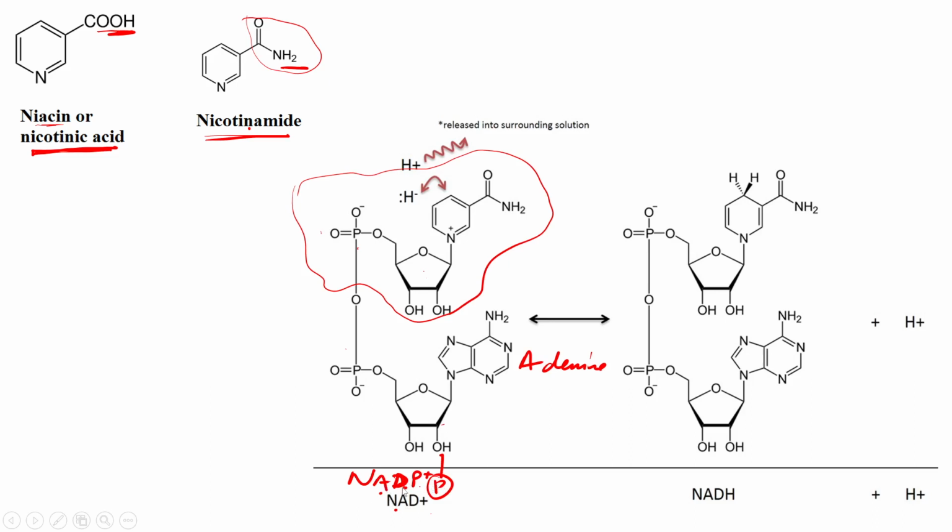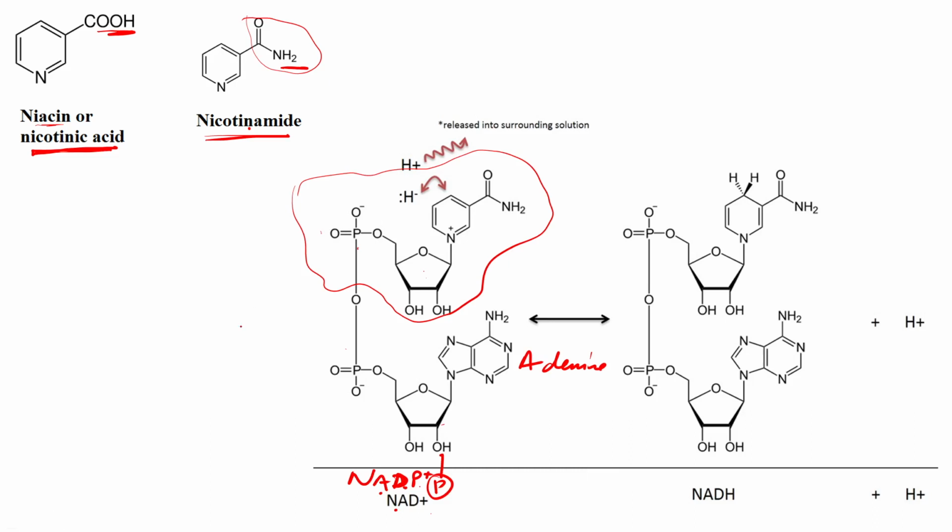So both NADP plus and NAD plus are involved in the redox reaction, very similar to FAD. For FAD, what was the reduced form? FADH2. Similarly, for NAD plus, the reduced form is NADH.